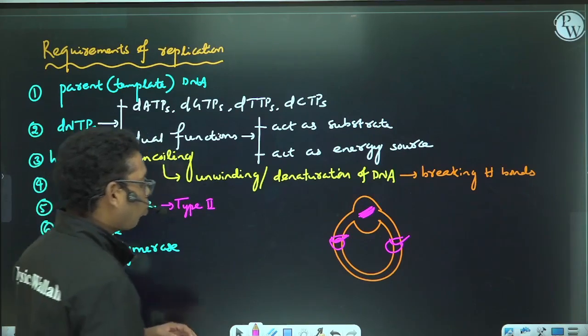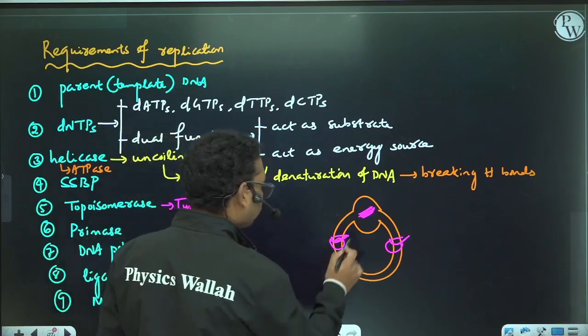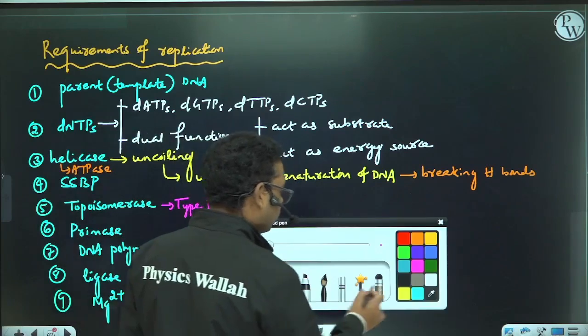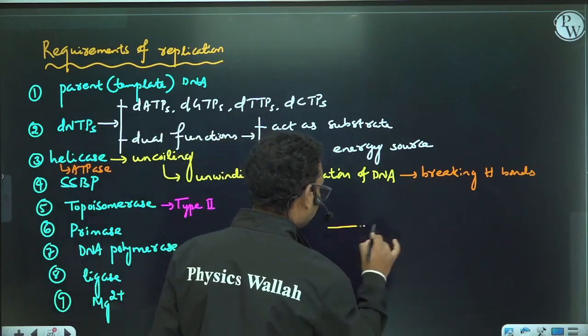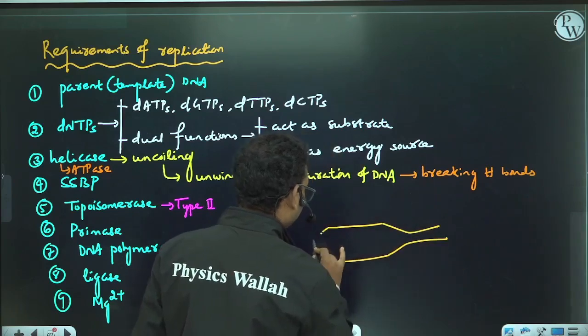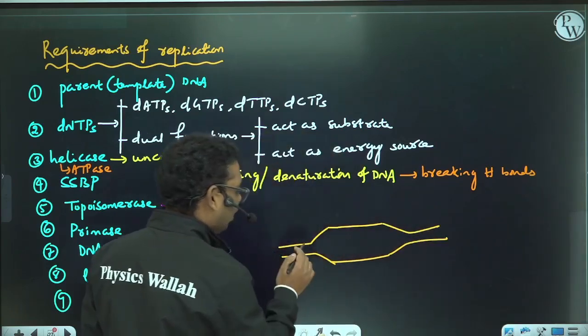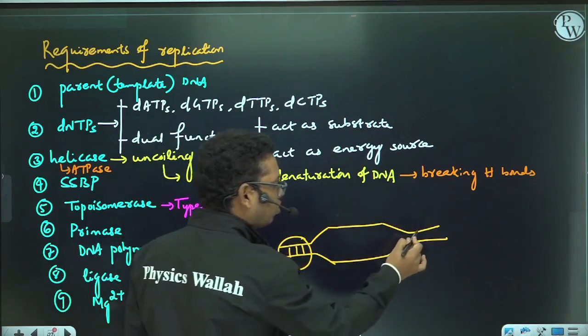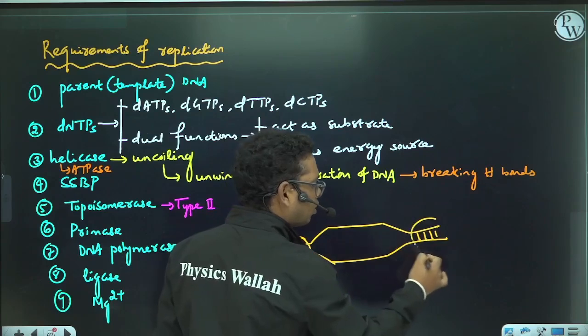Okay, and one more thing, when you cause the unwinding of DNA, suppose this is the DNA. In this region the DNA is double stranded, so hydrogen bonds are present. In this region also hydrogen bonds are there, that means this is double stranded.